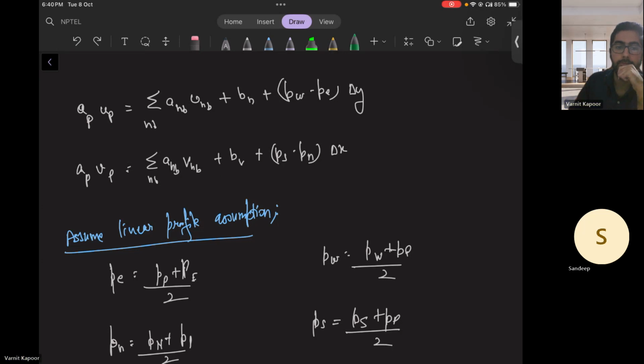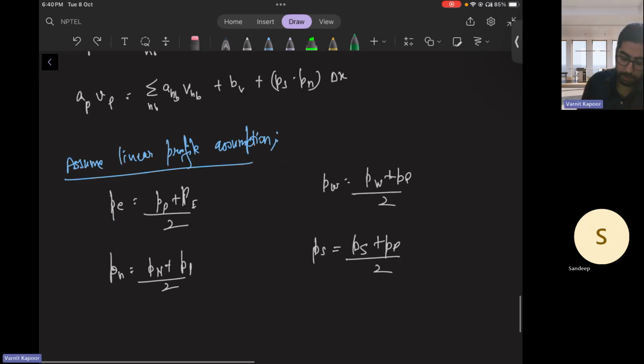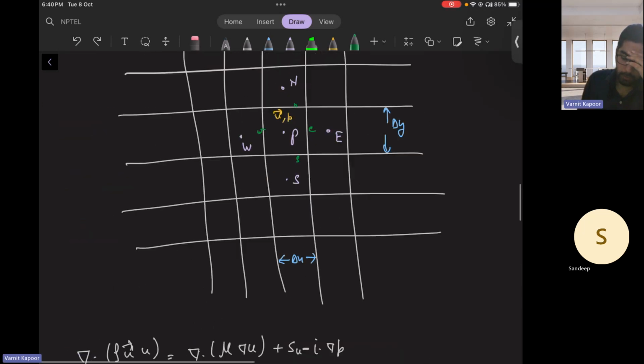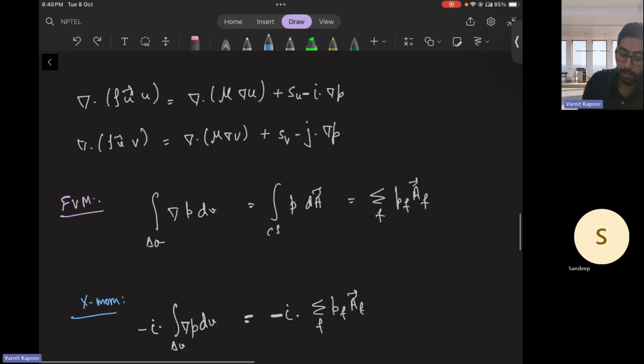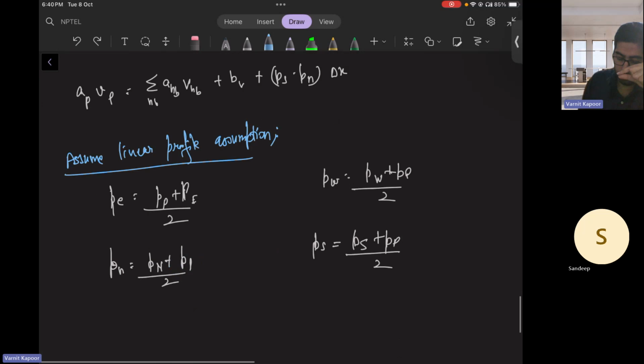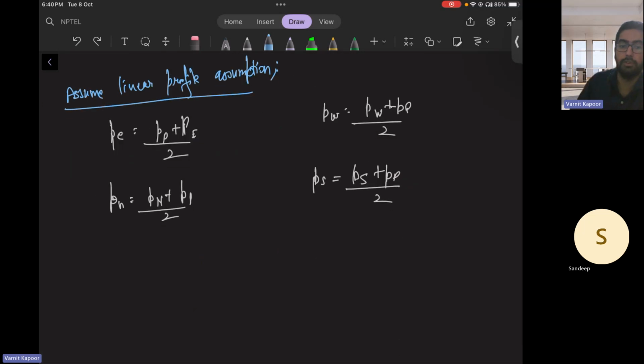We assumed a linear profile because so far our values of the velocity and pressure are being stored at cell centers. These are not stored at face values. So the face values PE, PW are not known, and you apply the linear profile assumption for this, correct?